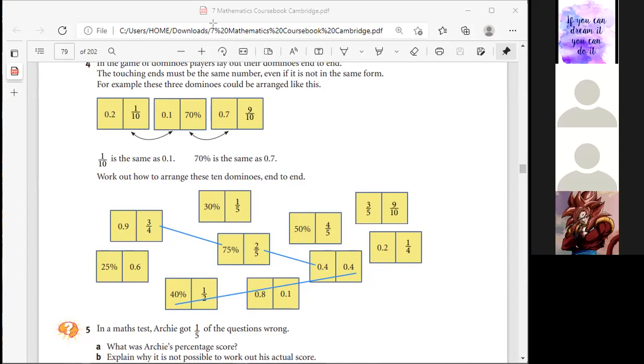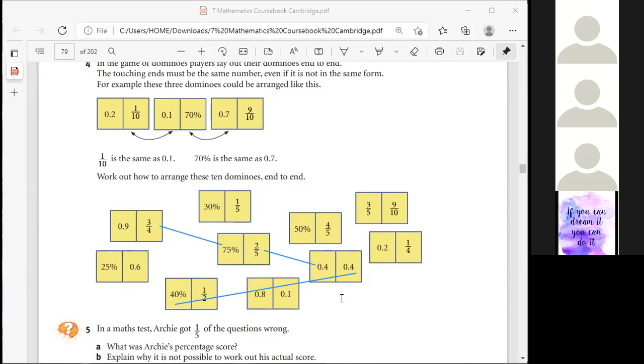See, you have to understand whenever we are talking about percentage, 0.4 can be also written as 0.40, which means it is 40 divided by 100. Am I right? 40 divided by 100 can also be written as 40%. Do you get me, bacha?